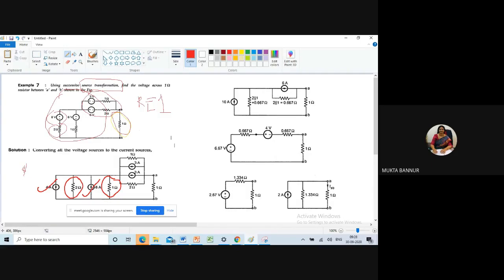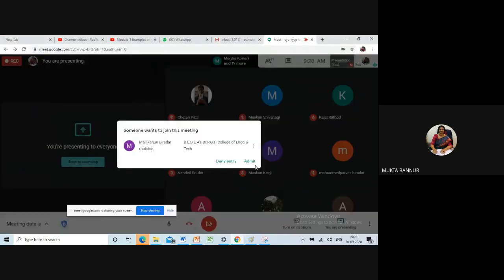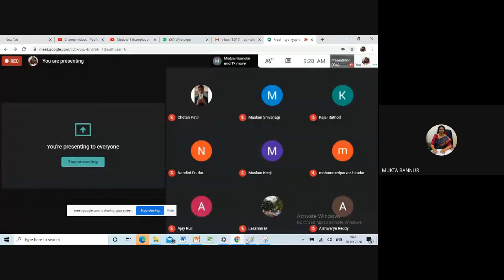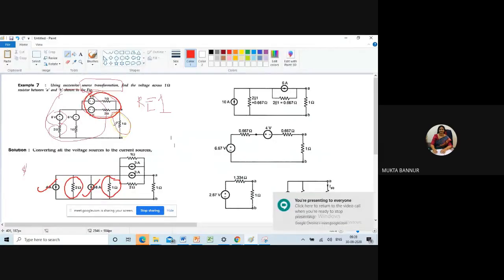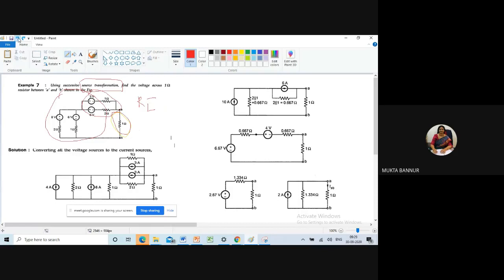Similarly, I will move to this part of the network. Here 2 voltage sources are connected in parallel. I will replace them by an equivalent current source. So how much is it? 3 ampere and 3 ampere.